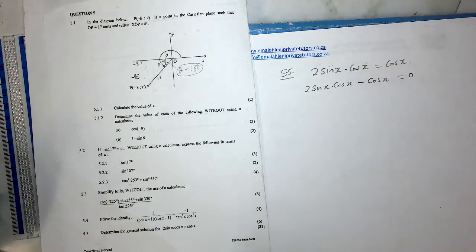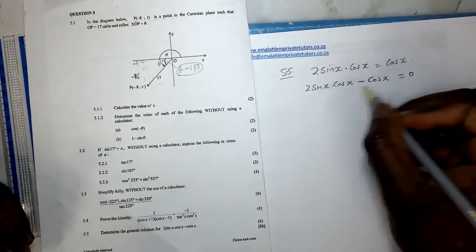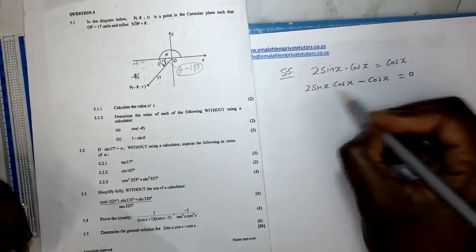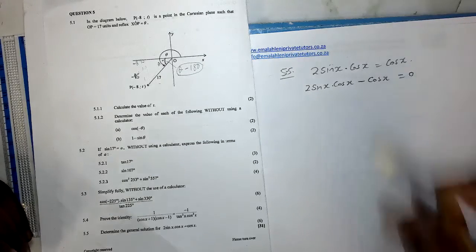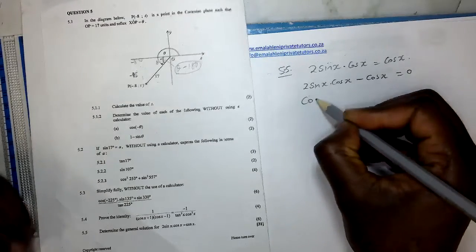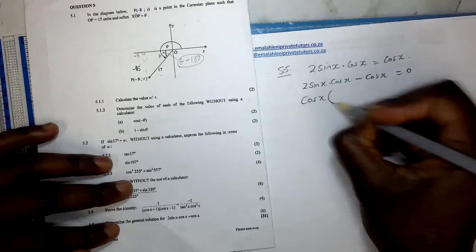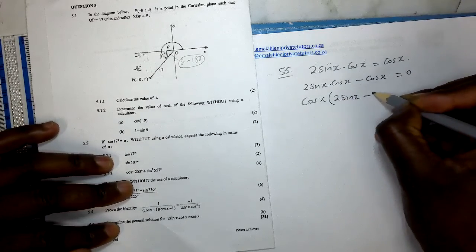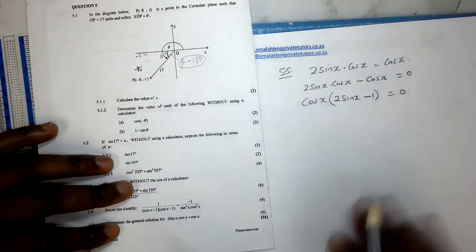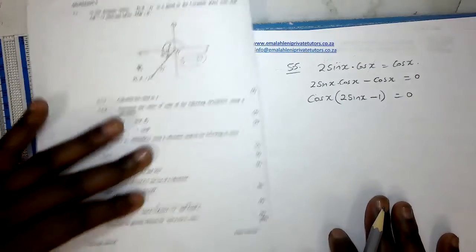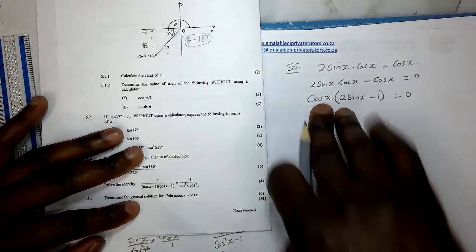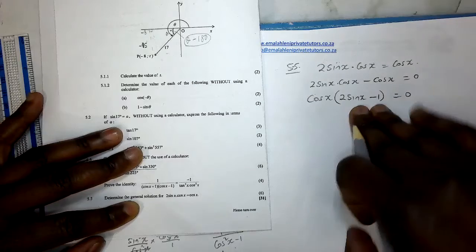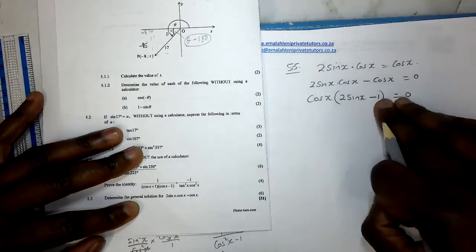When you're factorizing, what are we having? What is common here is cos. You're going to take out cos x in brackets, and you're left with 2 sine x minus 1 equals 0. Now you know that either cos x is equal to 0 or 2 sine x minus 1 is equal to 0.